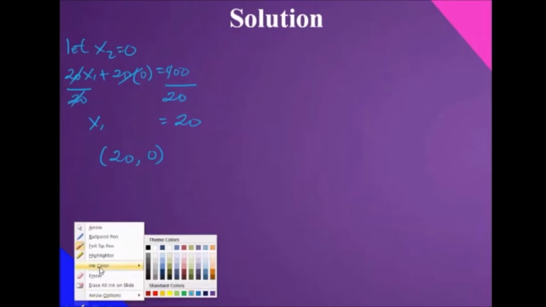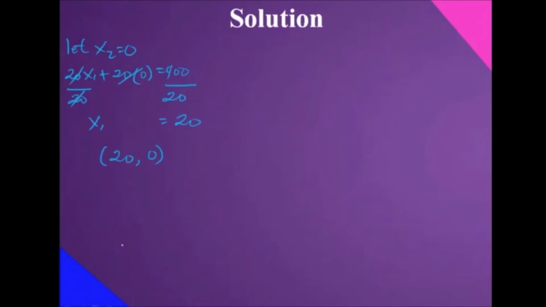Now, solve naman natin ang ating constraint number 3. So, for constraint number 3, let's use color orange. Our equation for constraint number 3 is 16 x sub 1 plus 12 x sub 2 equals 192.